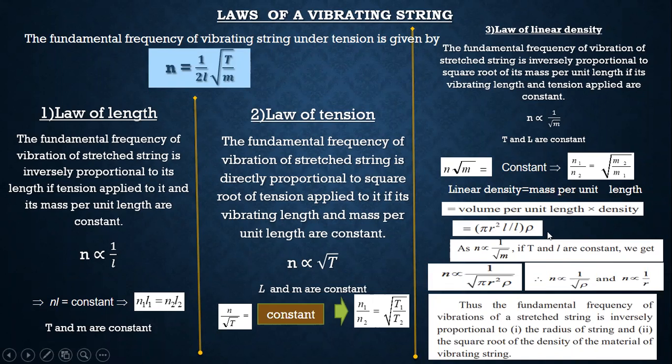So instead of small m we can write πr²ρ. Using that, we can write two laws: law of density and law of radius. The law of density says fundamental frequency is inversely proportional to the square root of density. The second one is the law of radius: fundamental frequency is inversely proportional to radius.